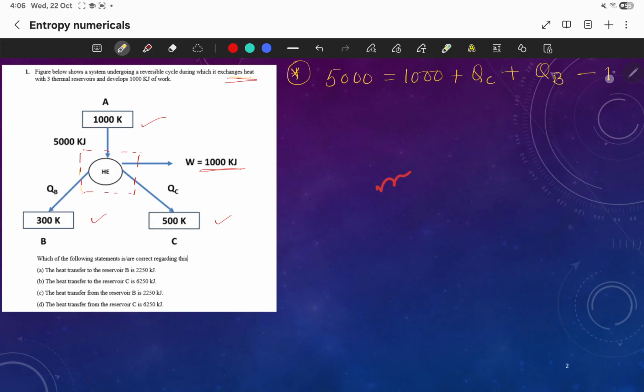This is equation number 1, the energy balance equation.